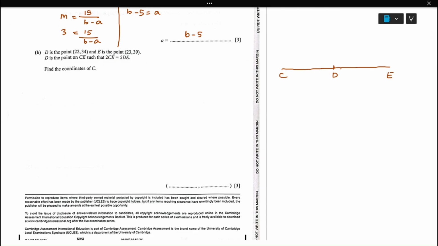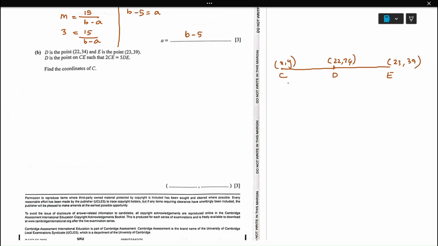It's not the midpoint, just somewhere. Okay, C we don't have. We need to find C. I'll take x comma y for C, and D is 22 comma 34. And E is 23 comma 39.